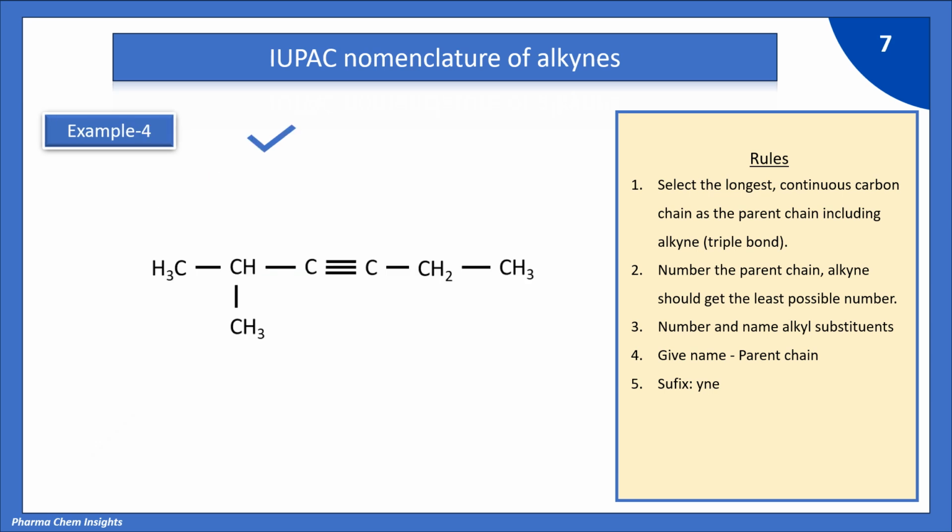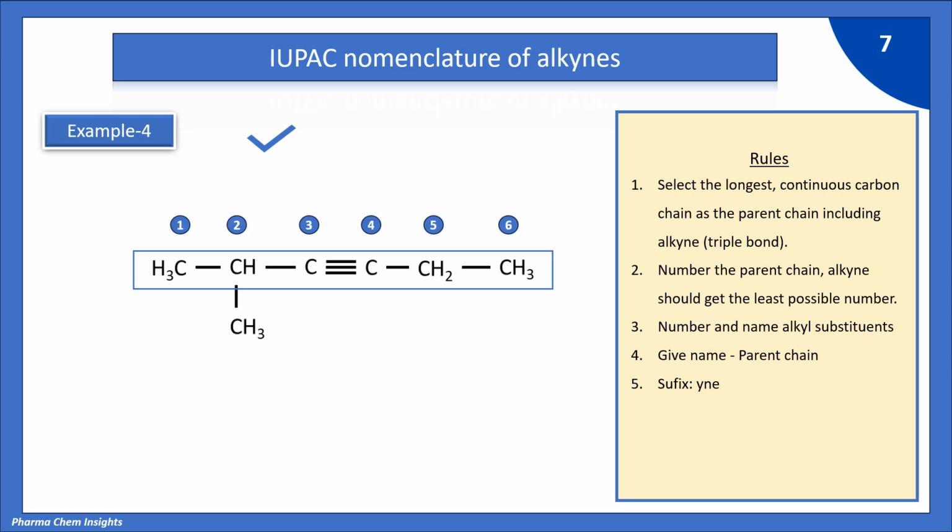All right, let's move ahead. Example 4, select the longest continuous carbon chain, which is this. It has 6 carbon atoms and hence the name is hexyne. Now let us see from which end we can number. In this case, we can number from the initial end, which is written in blue, or from the opposite end, which is written in red. Here, from both the ends, the alkyne is getting position 3.